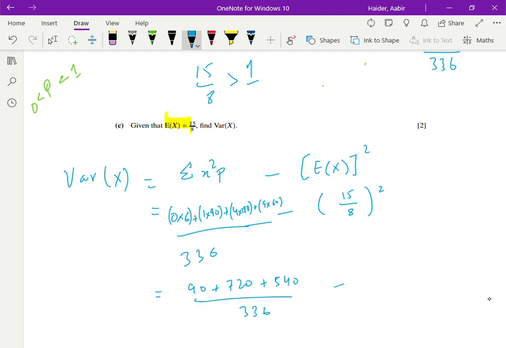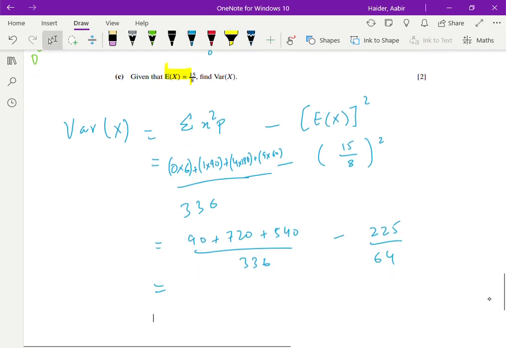So that should give you your final answer, and it should give you 90 plus 720 plus 540 over 336. Subtract from that the square of this, and once you find this out on a calculator, it is coming out to be 225 over 448.